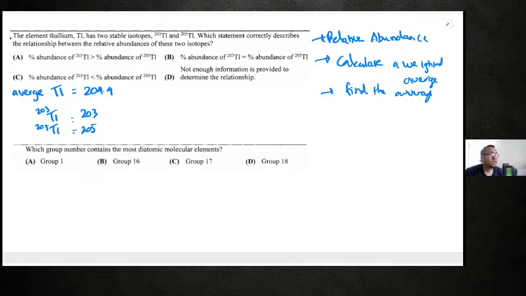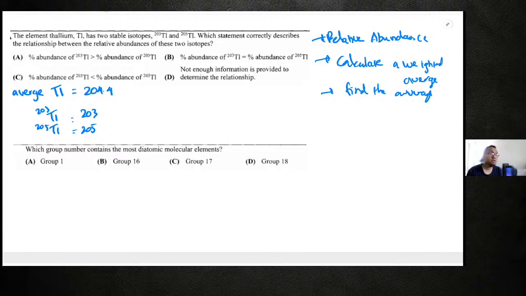We can answer this question just by using the reasoning method, not doing any calculation like the previous equation. We can solve this problem without doing any calculation.